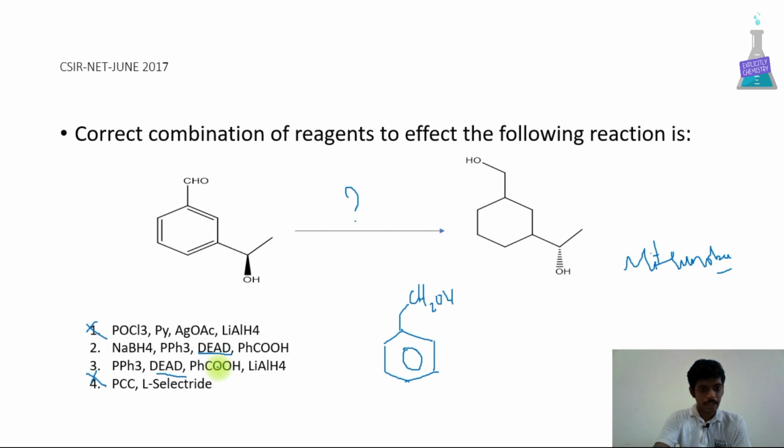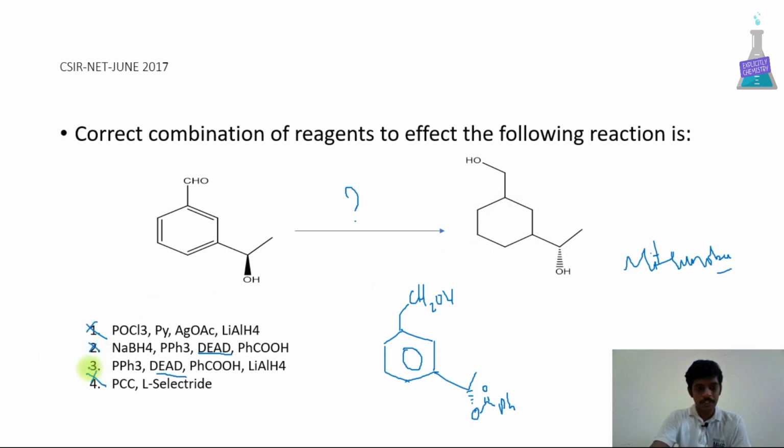After that, this PhCOOH is added, so it will be O, and this will be here. So the product is not correct. Option 2 is wrong.